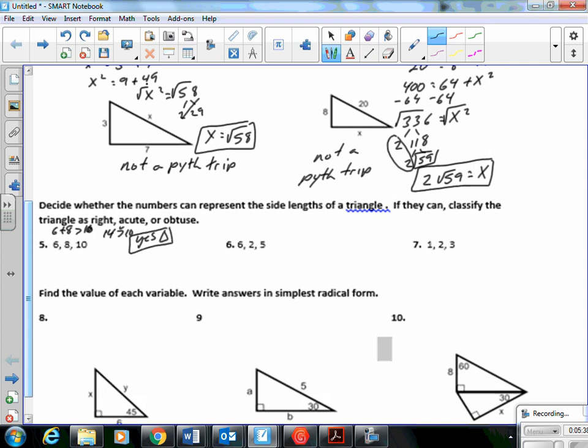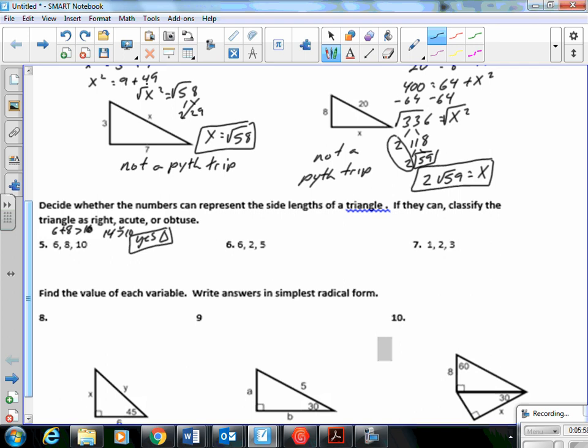So now we have to determine what kind of triangle it is. So now we use basically Pythagorean's without the equal sign, because we're going to compare the two sides, the c squared and the a squared plus b squared. And for best results here, try to put the largest side on the left side.